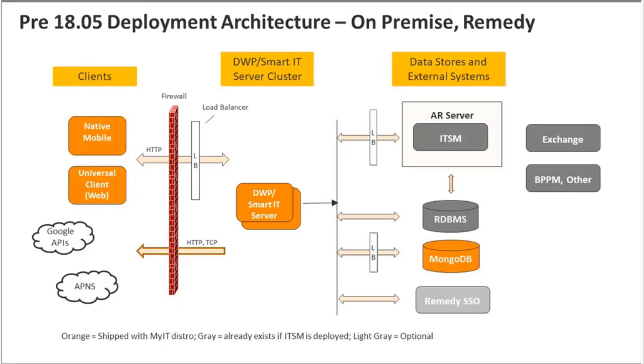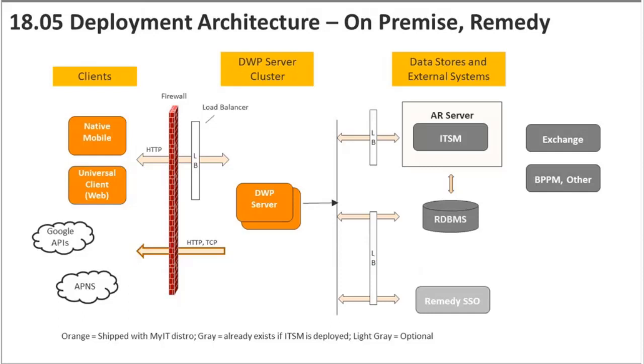Now let's look at what has changed in 1805. So overall, you won't see too much difference except removing some components such as MongoDB. On the client side, there is no real change in terms of the number of applications. We have the web app as well as the mobile app or the native app.